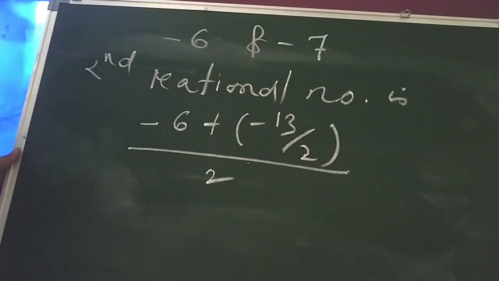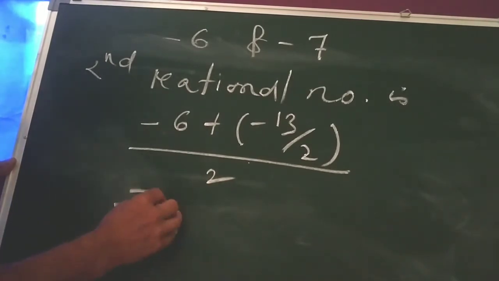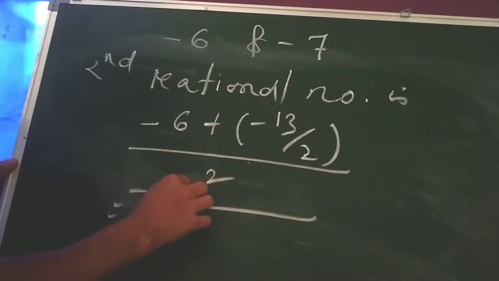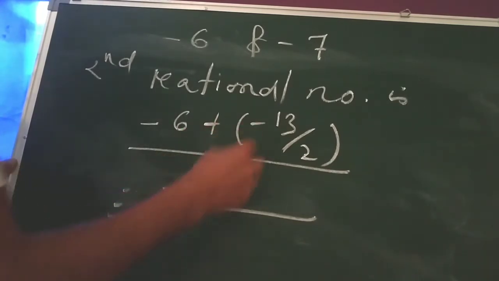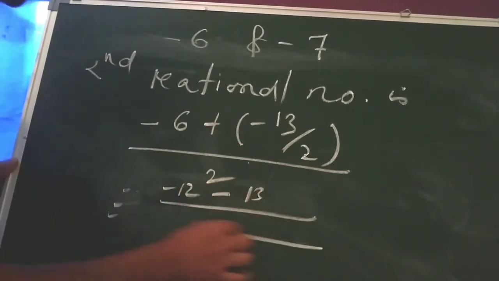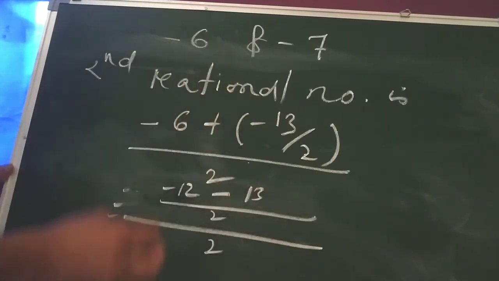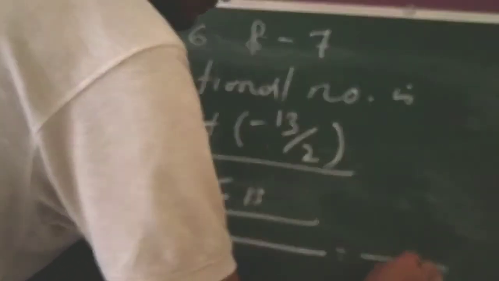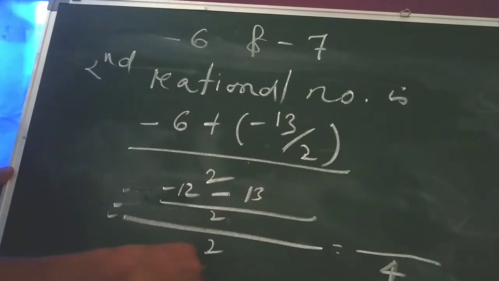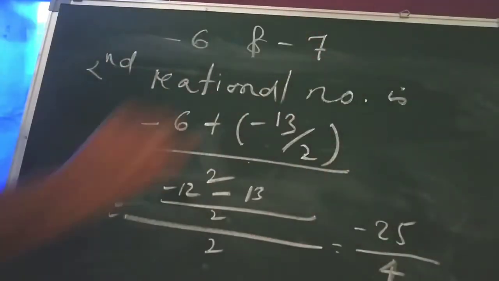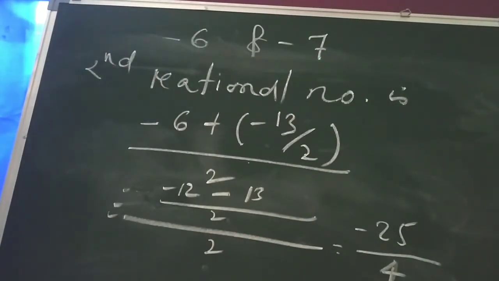So what will I get? Take the LCM: 2 sixes are minus 12, then plus minus 13 by 2. So you will get the answer like this: this 2 will come to the denominator, it is minus 25 by 2, so minus 25 by 4.